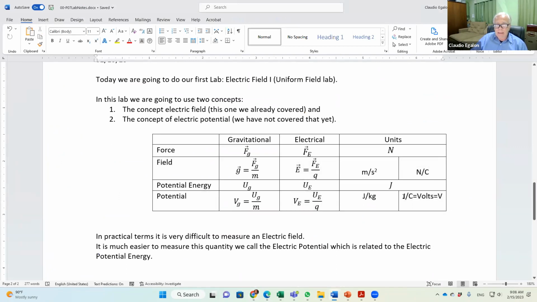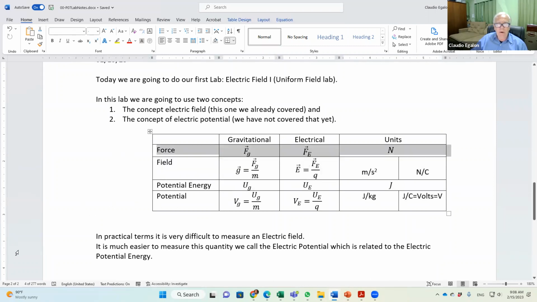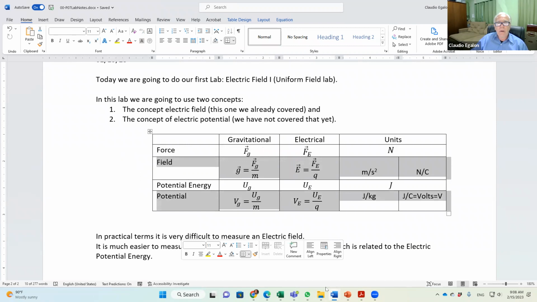Can you remember that? Electric potential is associated with potential energy by the same token that the electric field is associated with electric force. In both cases, the field and the potential, in order to obtain them, you must divide the related quantity by the charge itself.